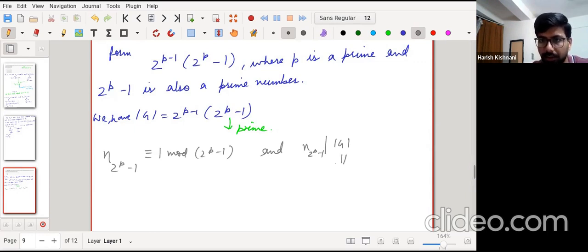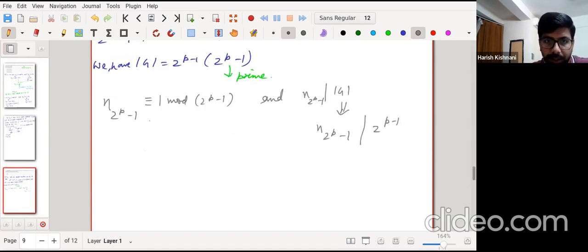So n_(2^p−1) is co-prime with 2^p minus 1. So whatever remains, 2^(p−1). So it simply means n_(2^p−1) has to divide 2^(p−1).